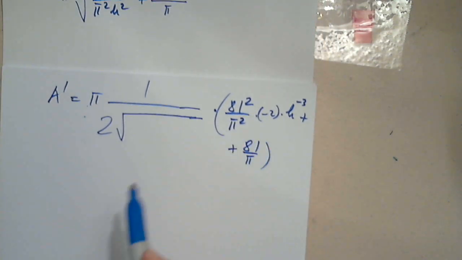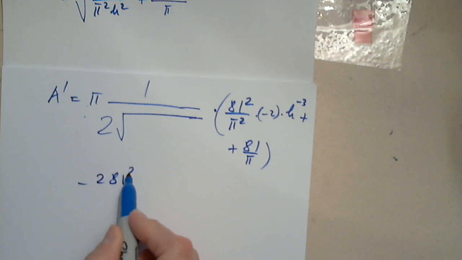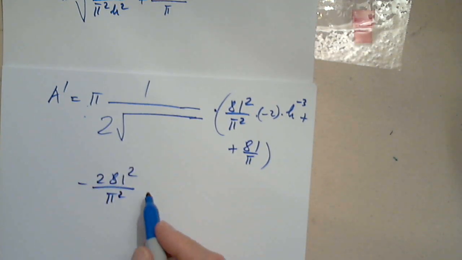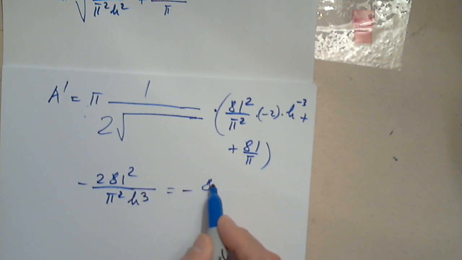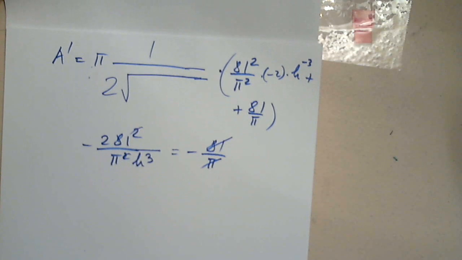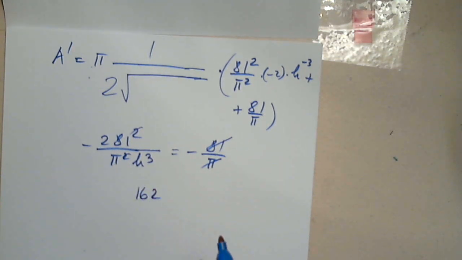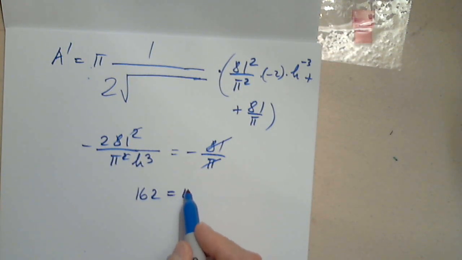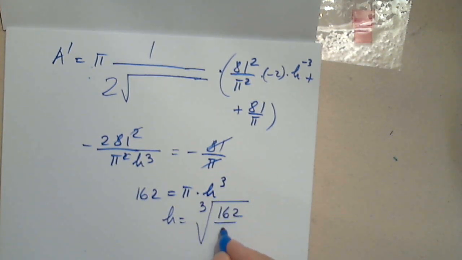So, negative 2, 81 squared over pi squared h to the third equals negative 81 over pi. So 2 times 81, 162 equals pi times h cubed. So h is the cube root of 162 over pi.